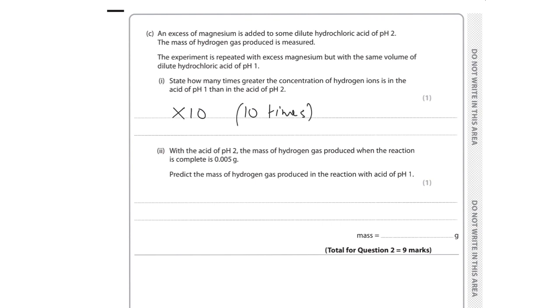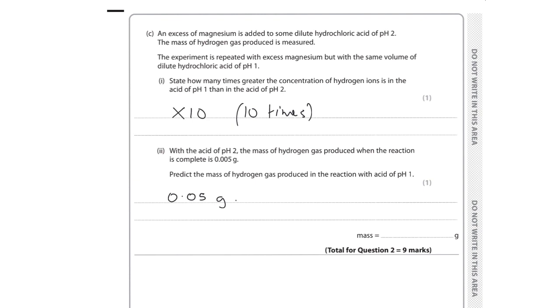And the second part, it says with an acid of pH 2, the mass of hydrogen produced was 0.005 grams. So with an acid of pH 1, it's going to be 10 times that, which is 0.05 grams, 10 times greater.